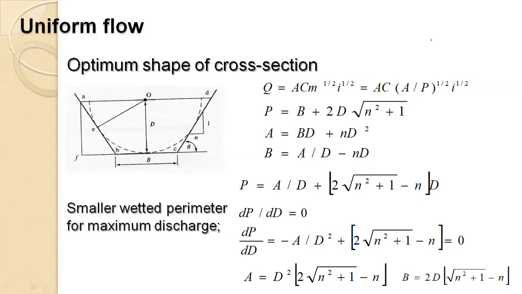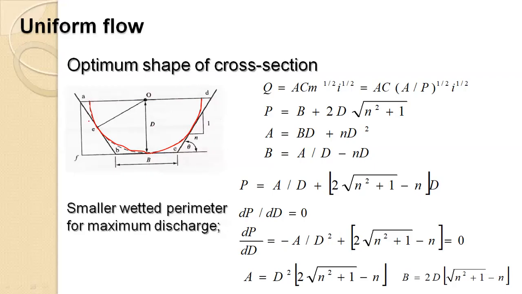Isn't that a circular section? Now, if you take this particular diagram, you have the trapezoidal section, and then take this circular section. The circular section will have pretty much the same area as the trapezoidal section. But if you take the lining along the circumference, this would be the least for the circular section compared to any triangular, rectangular or trapezoidal section.